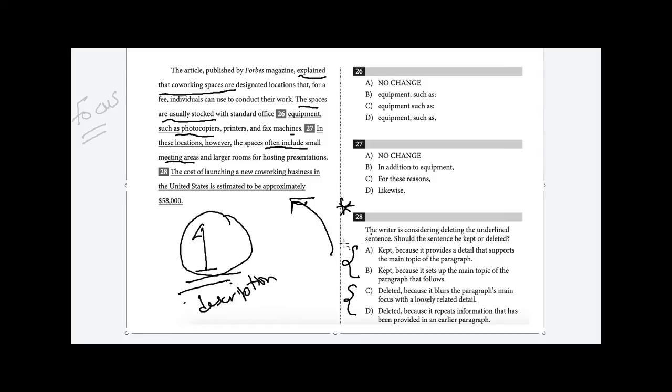Now, whatever answer we choose, whether it's A, B, C, or D, it has to be one that helps further the description of co-working spaces. It has to contribute to the focus of the paragraph. To illustrate the task before us, let's take a look at this right here.